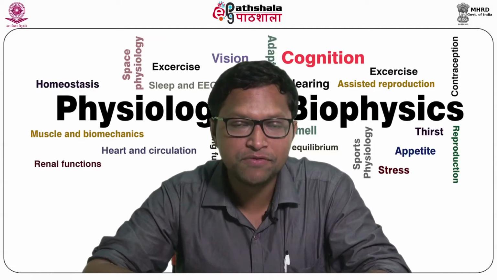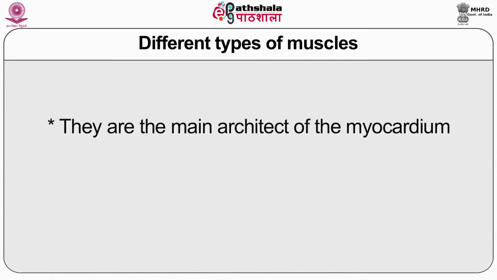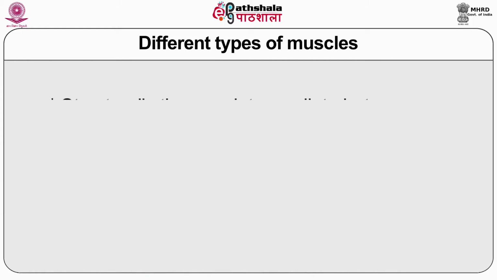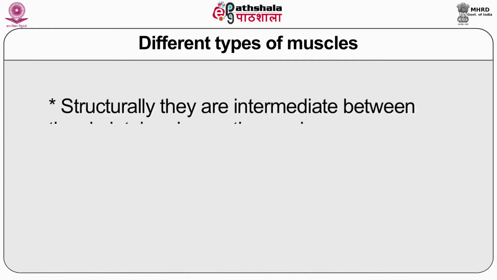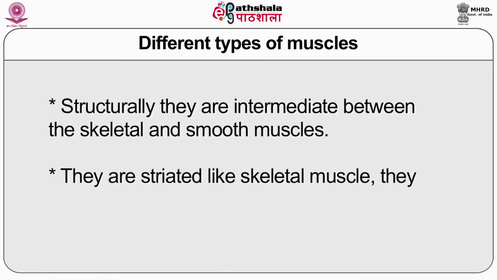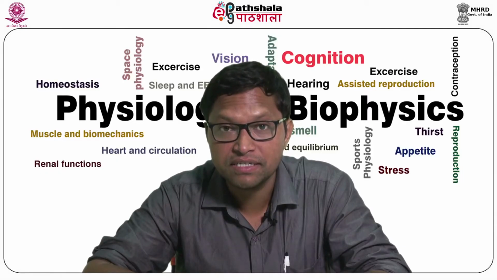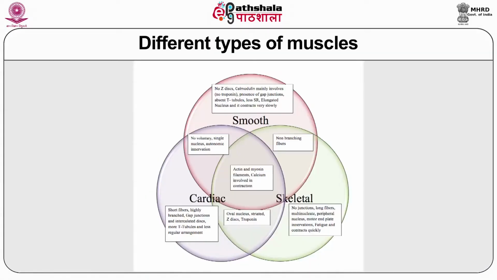Now the third type of important muscle present in our body is the cardiac muscle. They are the main architect of the myocardium of the heart. Structurally, they are intermediate between the skeletal and smooth muscles. They are striated like skeletal muscle and involuntary like the smooth muscle, and they have unicellular cells like the smooth muscles.